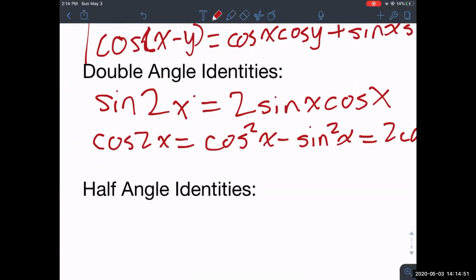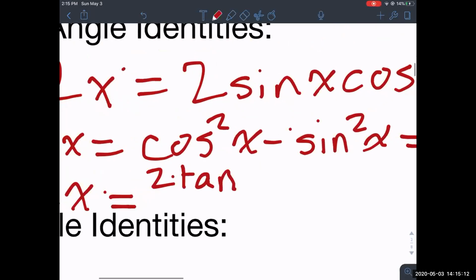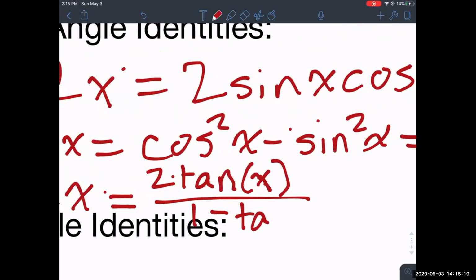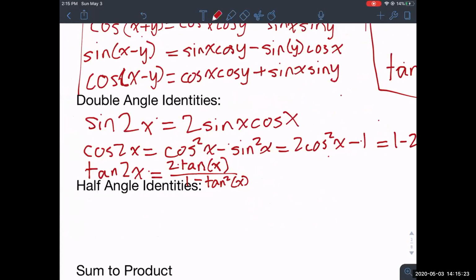And then tangent 2x is equal to 2 tangent x over 1 minus tangent squared x.